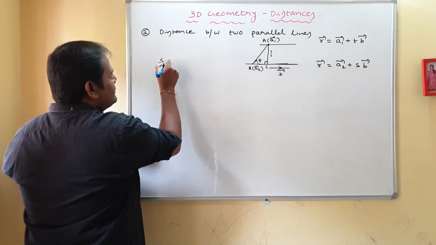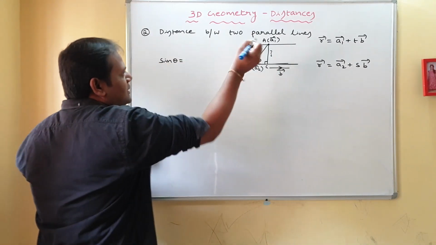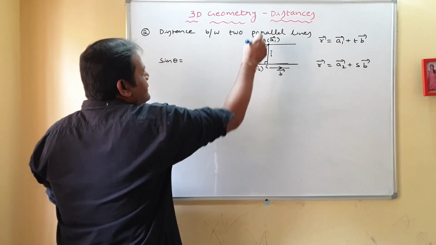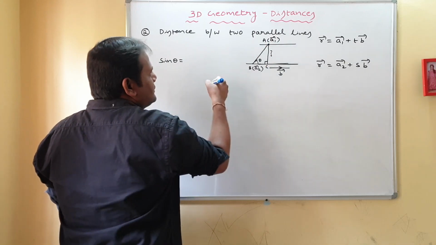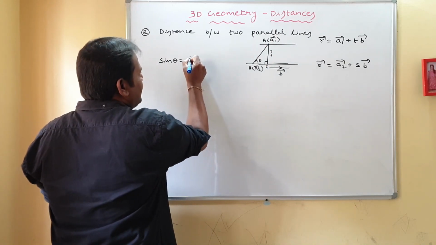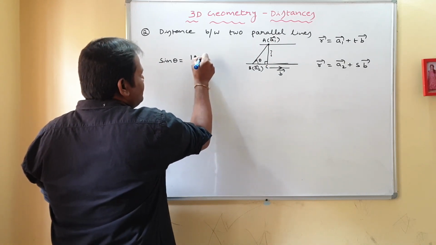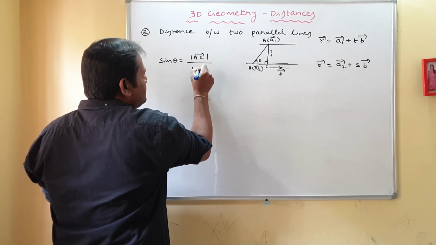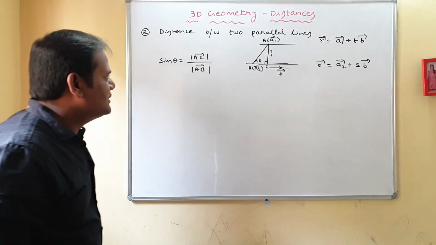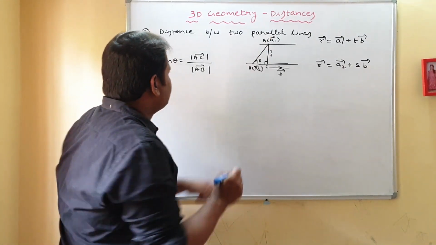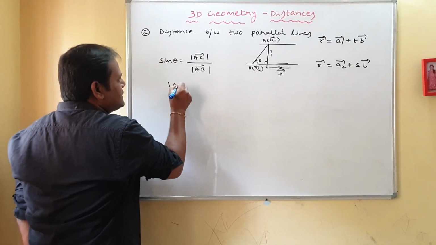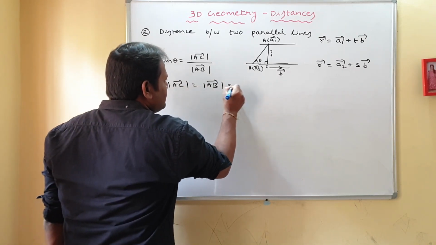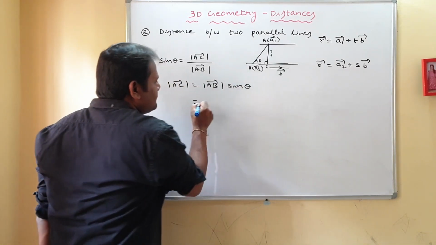So sine theta is opposite side by hypotenuse, that is AC by AB. I am taking AC length, so mod AC bar by mod AB bar. We want that AC length, so mod AC bar is equal to mod AB bar into sine theta.